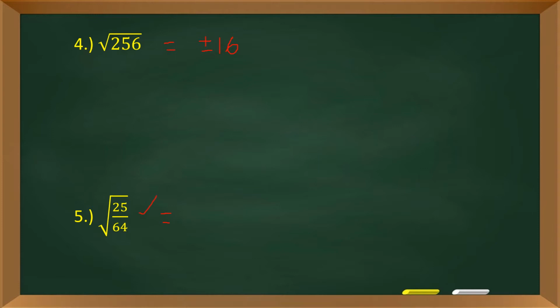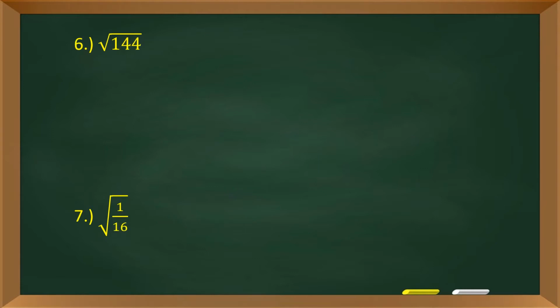It looks complicated, but actually it's very simple because the numerator is a perfect square and its square root is 5 because the square root of 25 is 5, and the denominator, which is 64, has a square root of 8 and it's plus or minus. So the square root of 25 over 64 is equal to plus or minus 5 over 8.